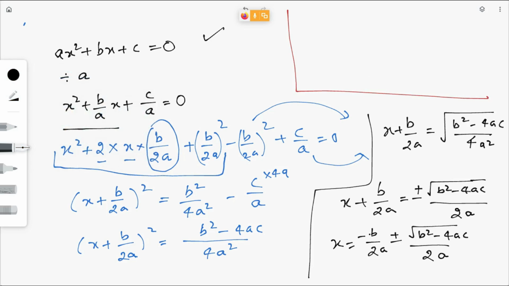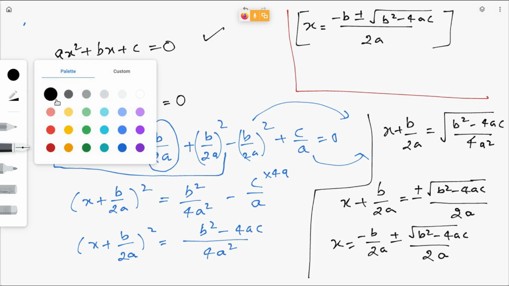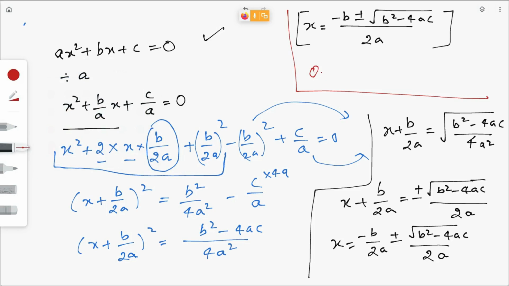So x is equal to, take LCM here, LCM is 2a. In the numerator you will get minus b plus or minus root of b square minus 4ac. So this is the quadratic formula. This is how you derive the quadratic formula.